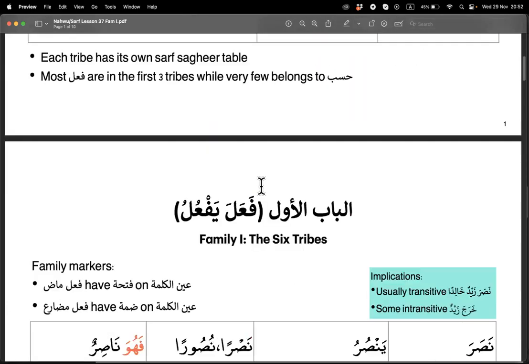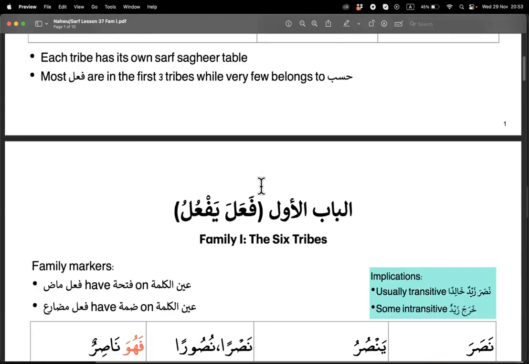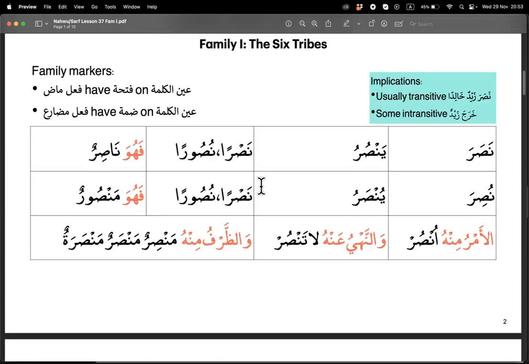So each tribe basically will have each sub-sagir, yes? I don't need you to remember the whole line because this is not a set pattern, as I said. I just need you to remember the first two, Madi and Mudhari.